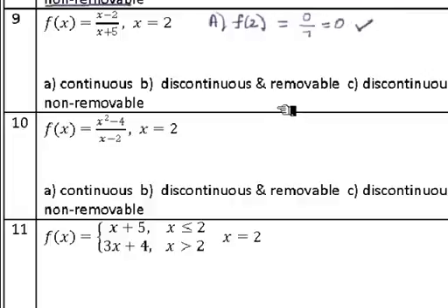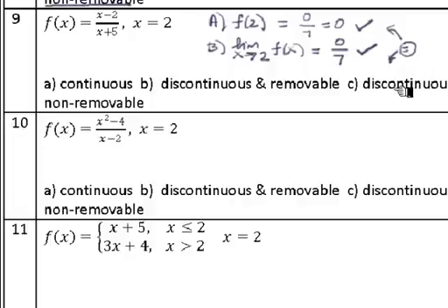So a is good. B is also good. The limit as x goes to 2, just substitute in 2 and we get 0 over 7. The limit exists, and the two are equal. So C is true as well. So we have continuous at x equals 2.